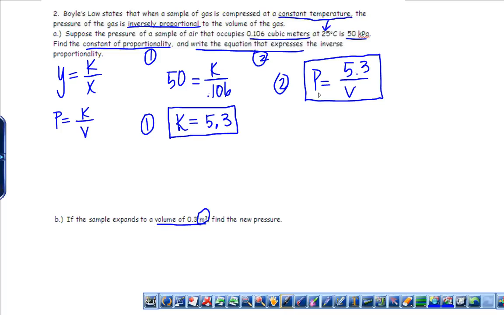So bringing my formula down, this gives me P equals 5.3 over 0.3. And this is going to simplify to give me 17 point, and it's a repeating decimal, so I'm just going to round to 3 places. So this is going to be 17.667 kPa.